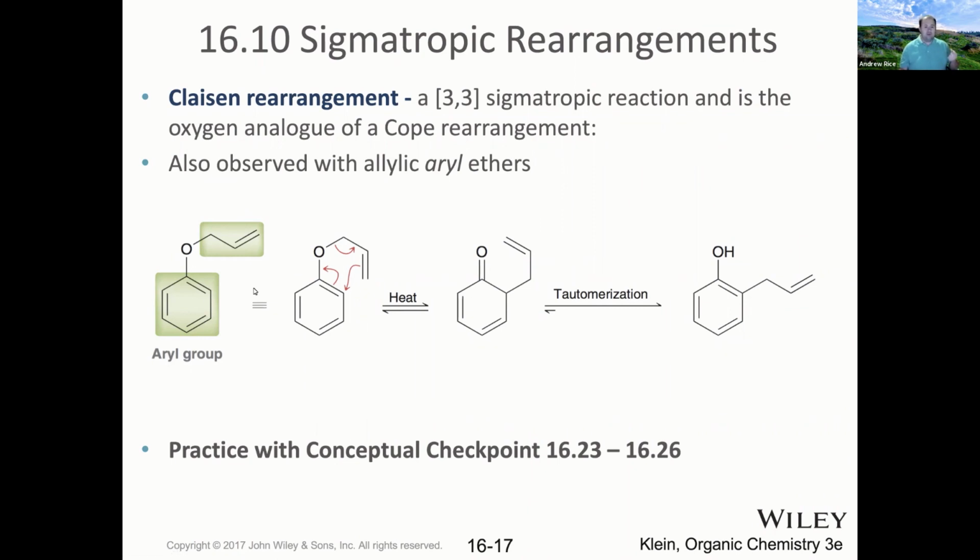So if you know that when you make something like this, it transforms via Claisen rearrangement and tautomerization into this structure, you know that that's what you ultimately can make, by creating an allylic aryl ether.